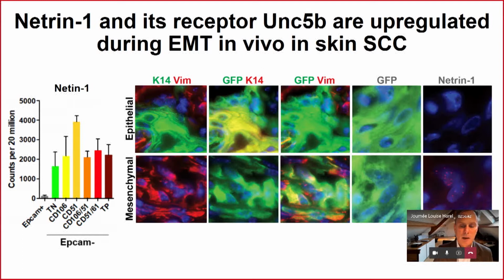And so I contacted Patrick and said, well, it looks very interesting here. Netrin-1 is highly upregulated in the tumor cells. Should we try to see if inhibition of netrin-1 can impair EMT in this process?